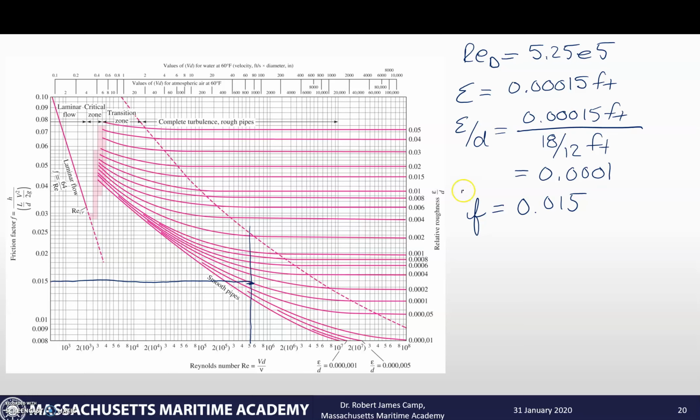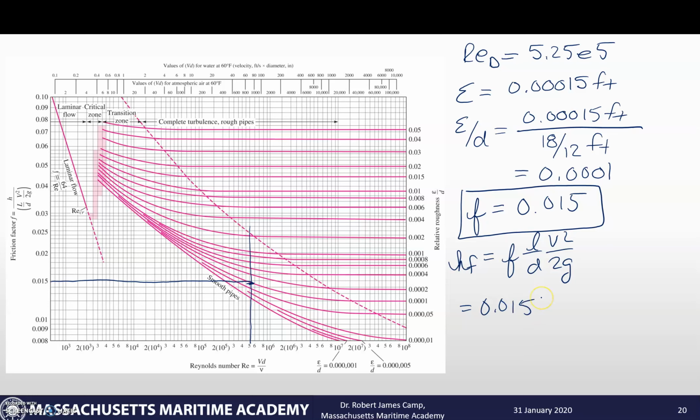So now that we have our f, which was the Darcy friction factor, let's go to the Darcy-Weisbach equation. So hf is going to be f L over D times V squared over 2g. 0.015. We had 500 feet of pipe, divided by a diameter of 18 divided by 12 feet.